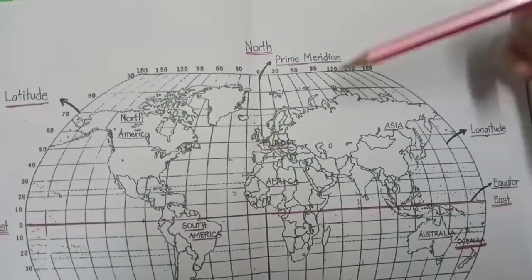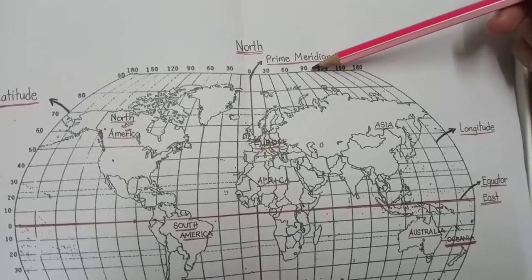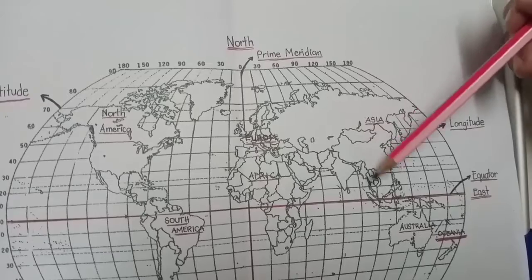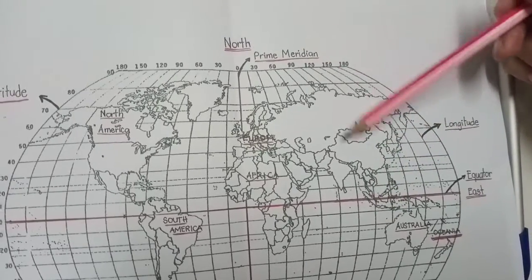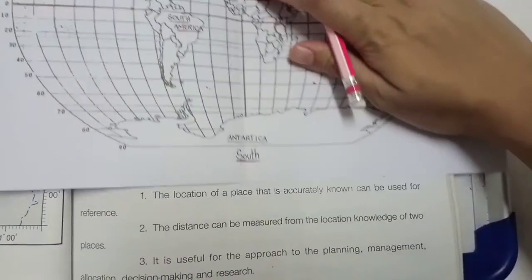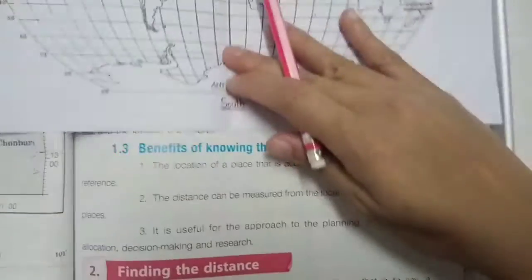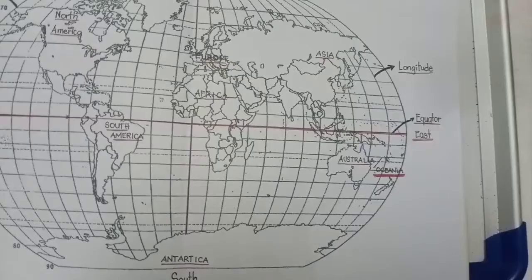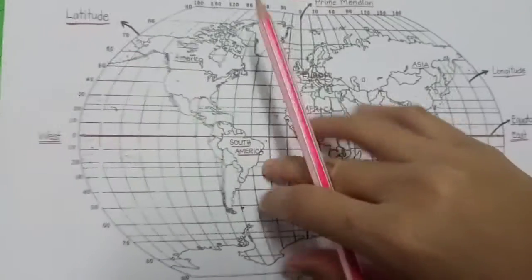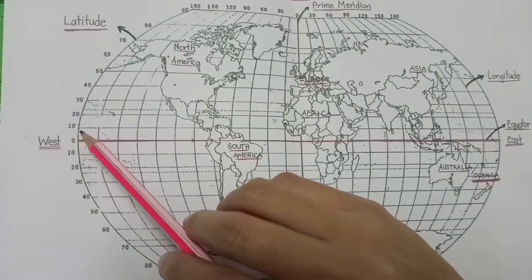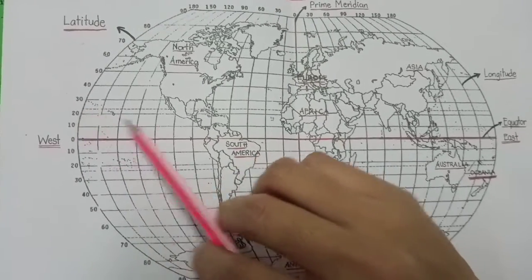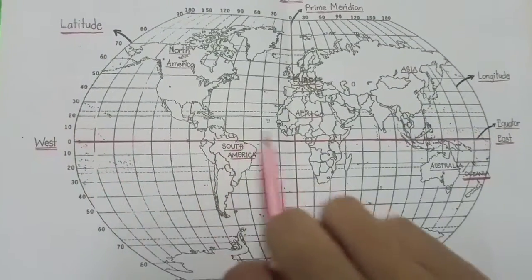It's around here, and then we have this line. We have this longitude with the latitude of 5 to 21 around here. So our measurement is here on the side. So 5 around on this side to 21. That's our measurement. It's very small, right?